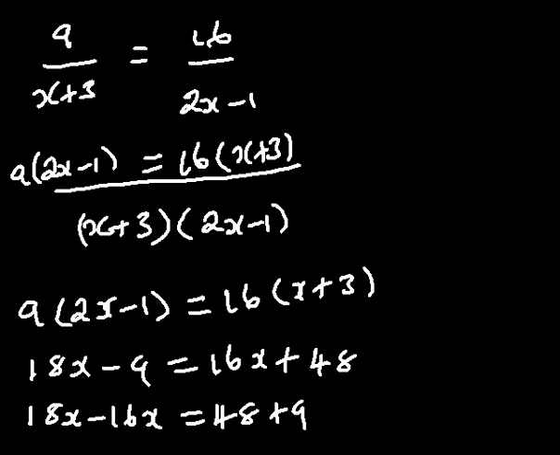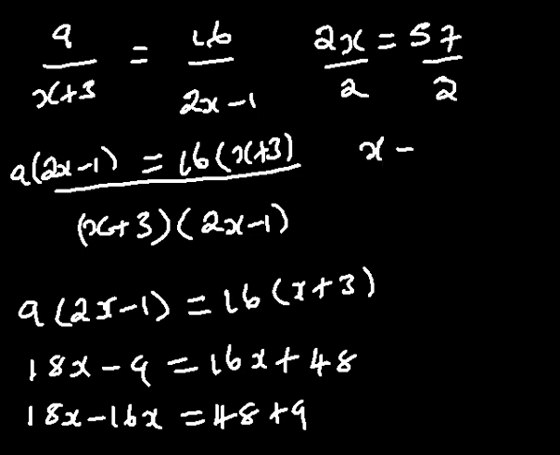So what is 18 minus 16? It's 2x, which is equal to 48 plus 9, that is 57. So divide by 2, and we should have x equal to 57 divided by 2. Of course, you can also express that in decimal form.